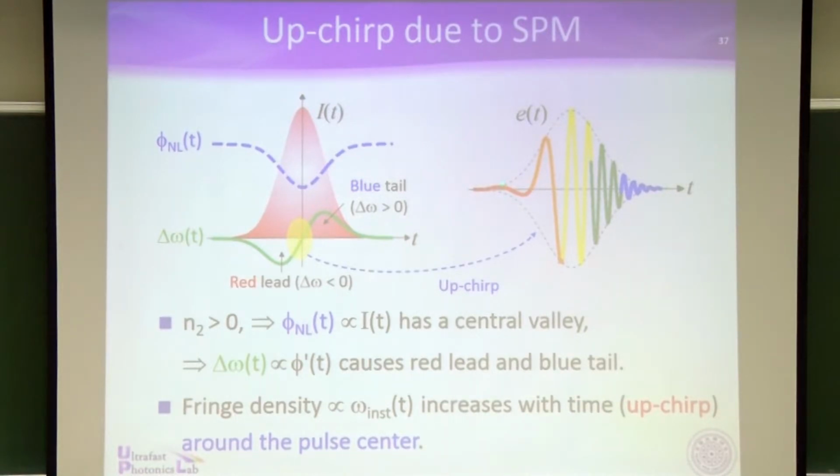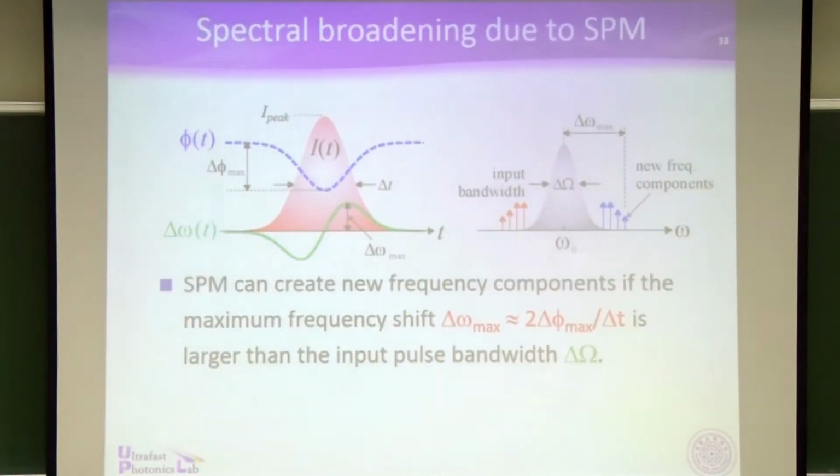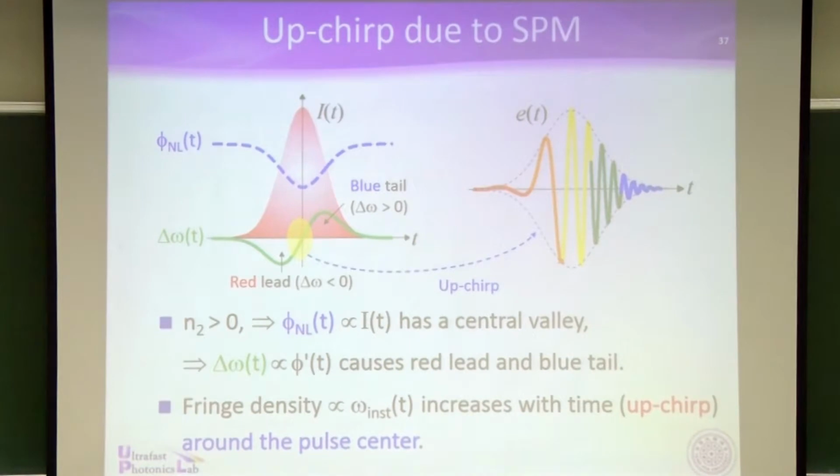So your local frequency actually increases with time from lower frequency to higher frequency. It's not a constant. It increases with time. Okay? And the nature of local frequency or fringe density increasing with time is coined as upchirp. Okay? Upchirp.